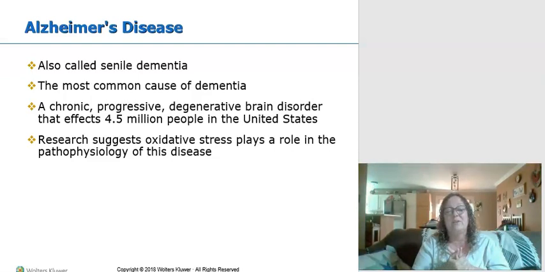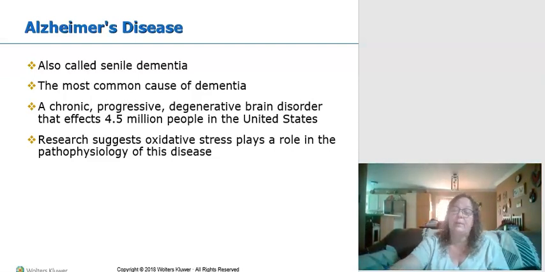Cholinesterase inhibitors may also improve neuropsychiatric symptoms such as aggression and depression. Alzheimer's patients can get pretty aggressive, so this may be helpful. It's commonly prescribed. Cholinesterase inhibitors include Aricept, Razadyne, and Exelon.